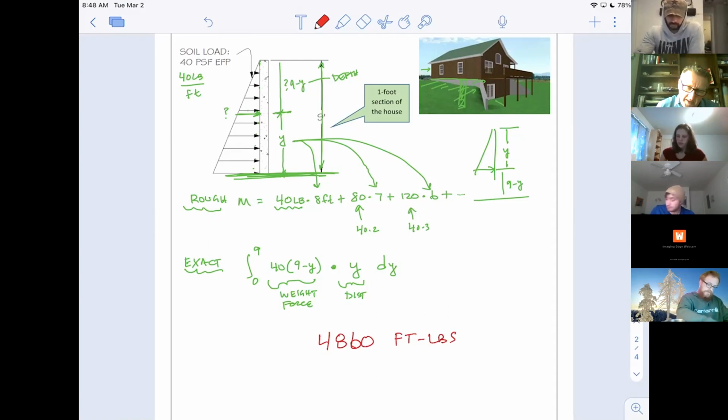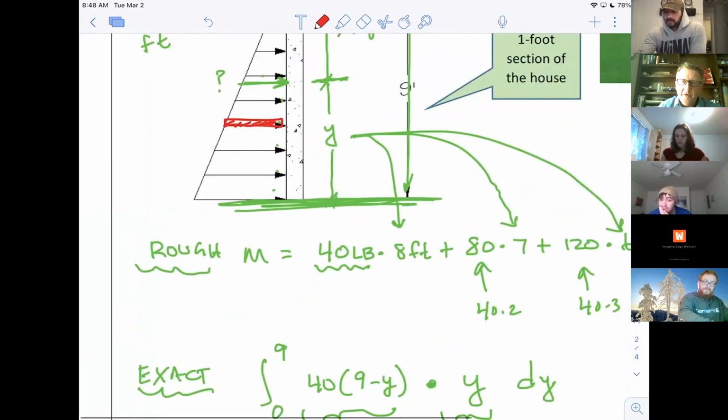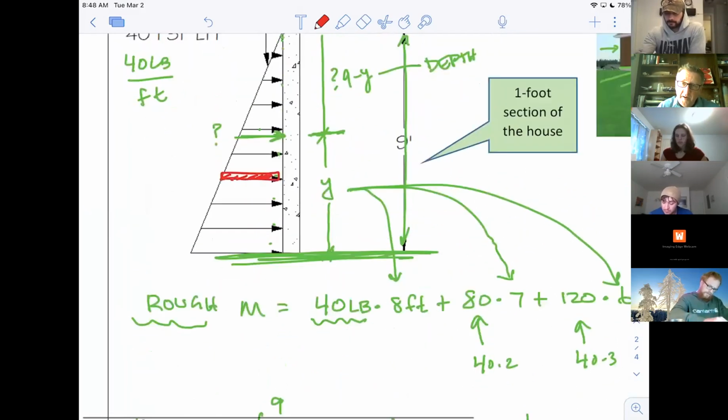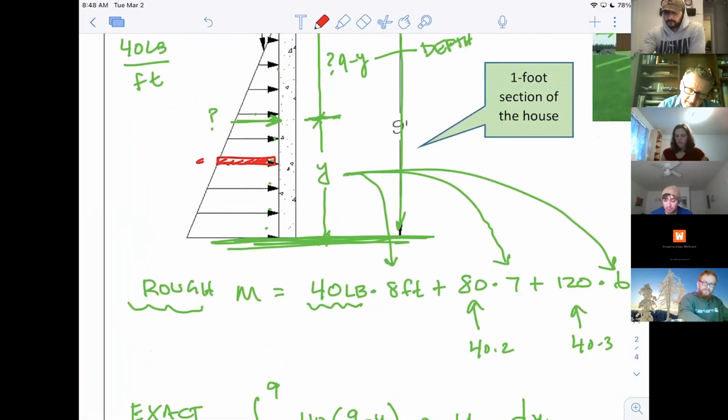And then just to highlight this a little bit in terms of units, what is dy really? Well, you take a little stripe of dirt here, a skinny little stripe of dirt, and that dirt is 40 pounds per square foot, and then the height of that is really teeny.